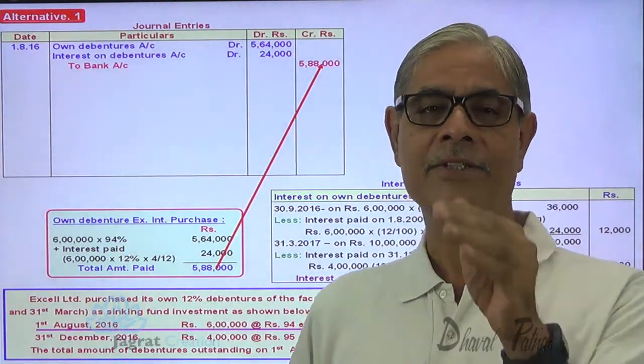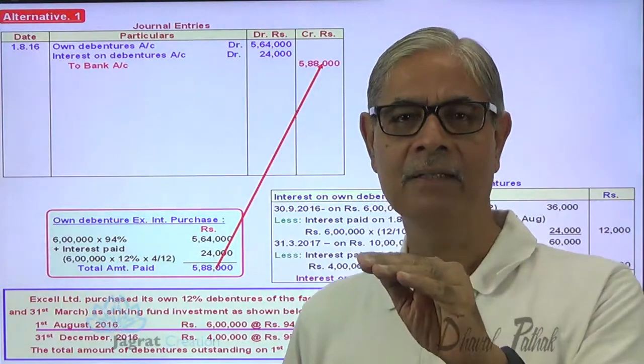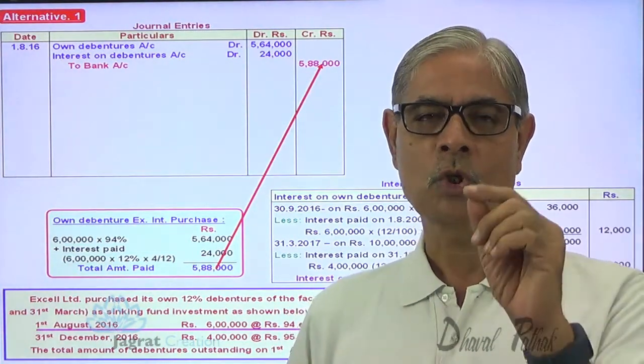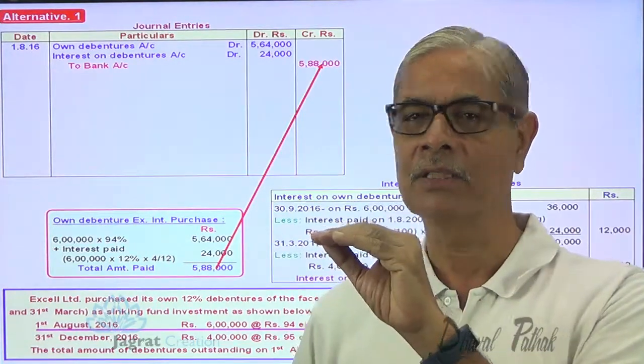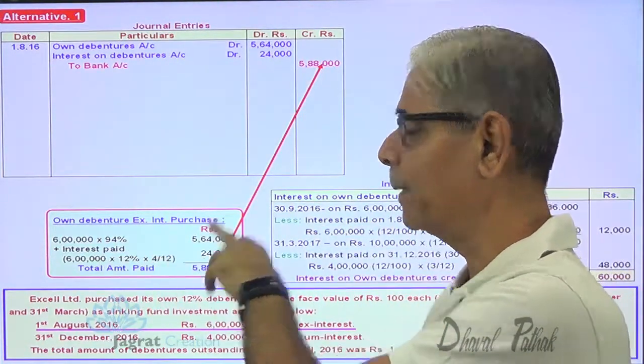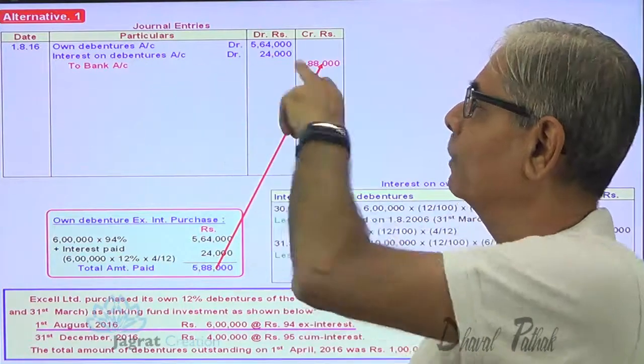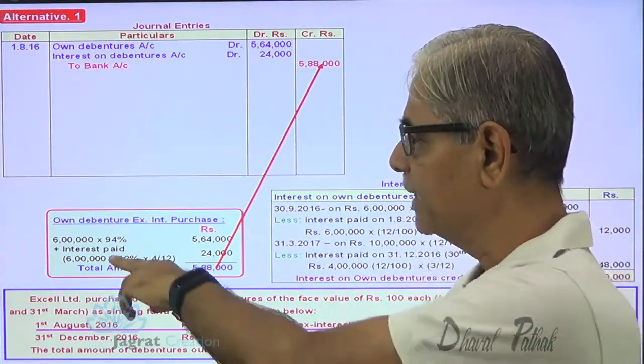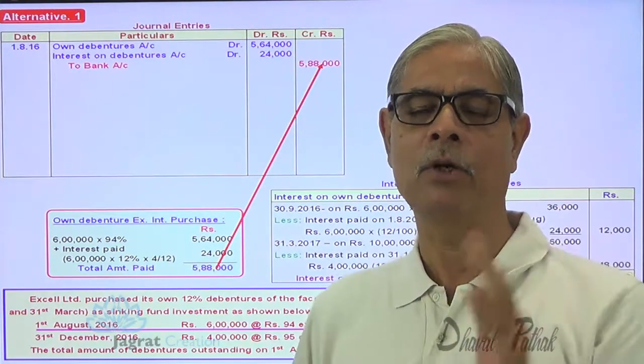Here debenture interest is paid at the time of purchase of own debenture. So at the time of purchase of own debenture, the debenture interest is paid for only 4 months. So 4 months debenture interest has been paid on 6 lakhs and that has been debited to debenture interest account.